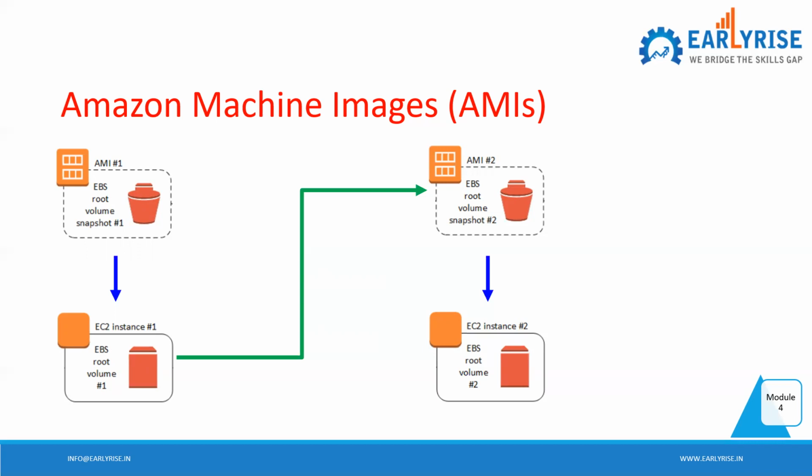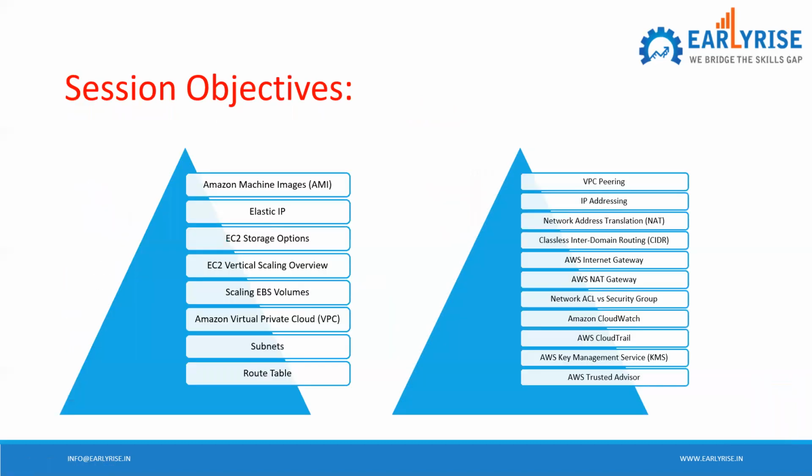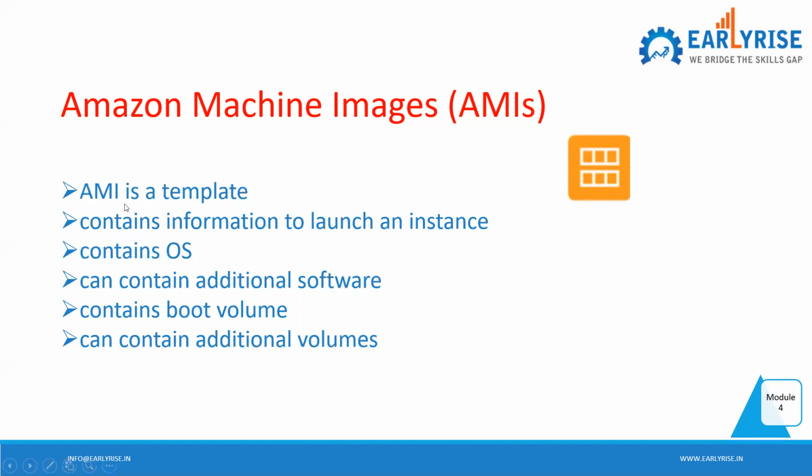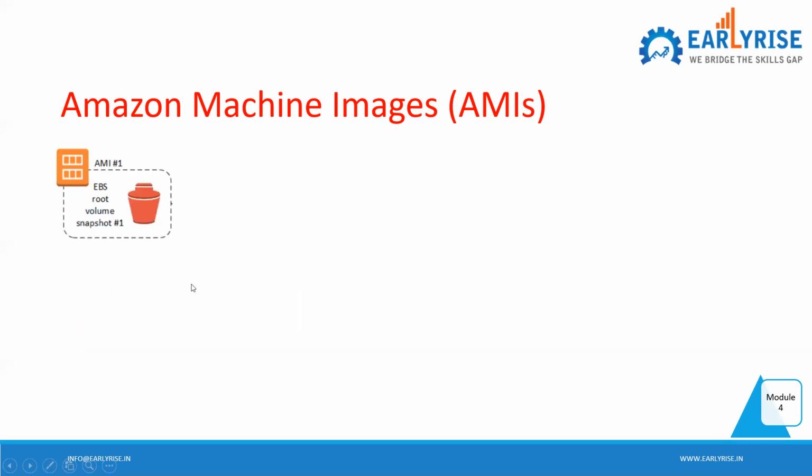Sorry to interrupt, but what is the difference between a snapshot and AMI then? So that's what I told you. Go back and just look at it. What I told, this is a template. This contains information. This contains that boot volume as well. So apart from the boot volume, you have additional information associated with that.